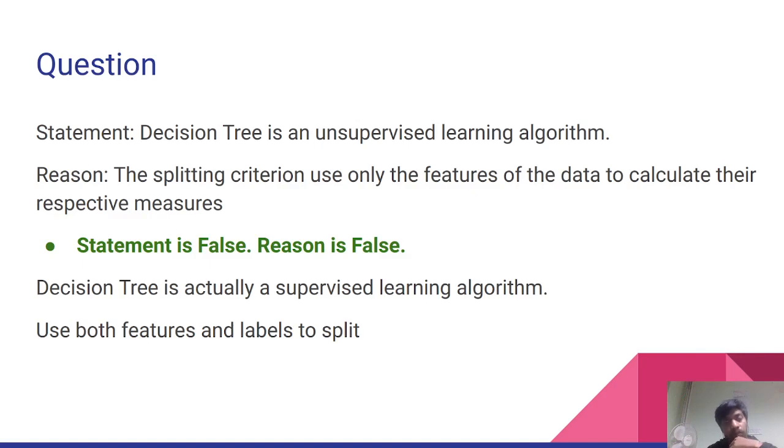Why are they saying unsupervised learning? That's why they're giving this reason. Yeah, you're right. So in case the reason is not contributing to whatever the statement is saying, even in that case the reason should not be a correct reason. So even in that case it would be false. So yeah, if the statement is false, then the reason would be false.